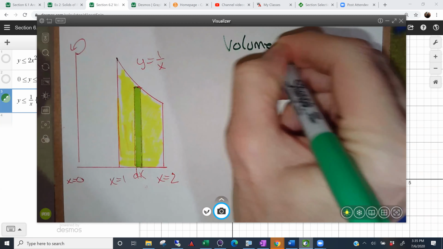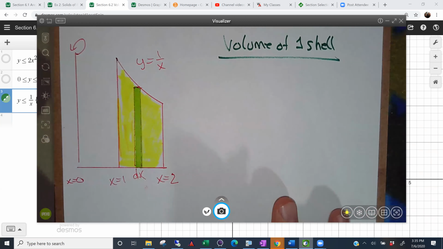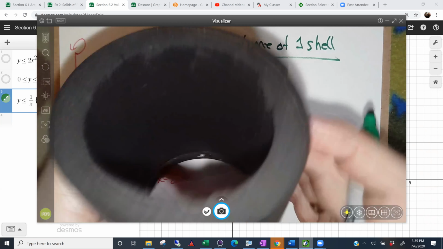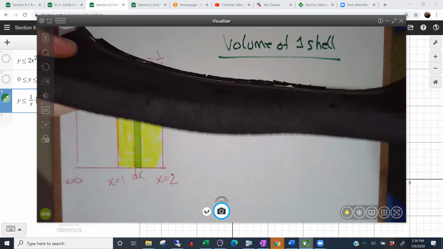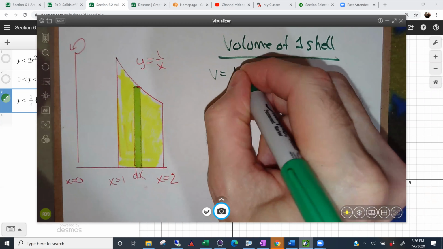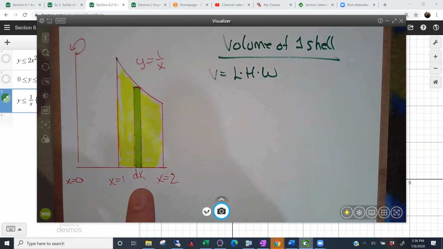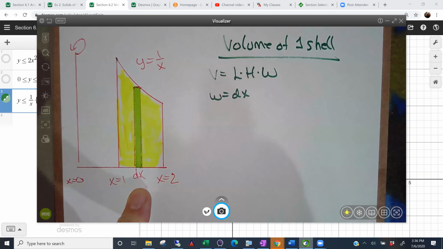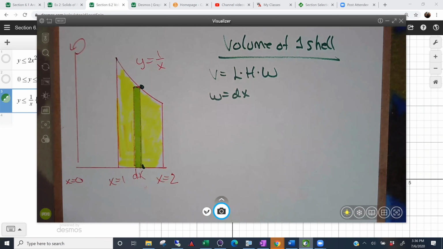Now remember, we're going to think of it as really not the volume of a shell, but the volume of a box. All right, a very thin box. So volume is going to be the length times the height times the width. The width I'm always going to reserve for dx or dy. So W is dx.